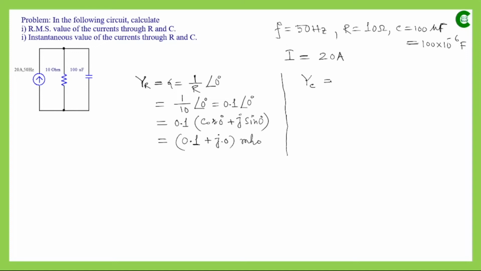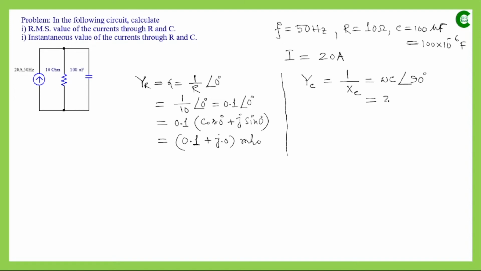Now separately, let us calculate the admittance of the capacitive branch. If we represent that as Y_C, then it will be 1 divided by X_C. As X_C itself is 1 by j omega C, finally it will be j omega C. If we represent that in polar format, it will give us a 90 degree angle. So first we have to calculate the omega C value.